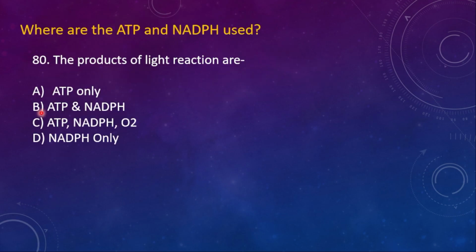Next question, where are ATP and NADPH used? 80th question. The products of light reaction are A, ATP only. B, ATP and NADPH. C, ATP, NADPH and O2. D, NADPH only. Here the right option is ATP, NADPH and O2.